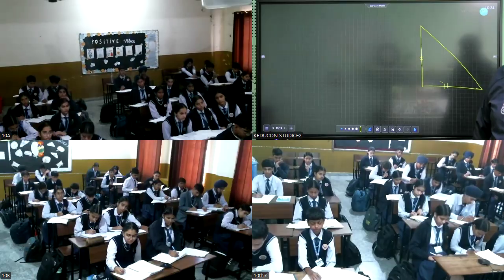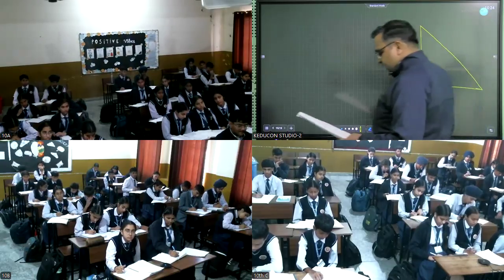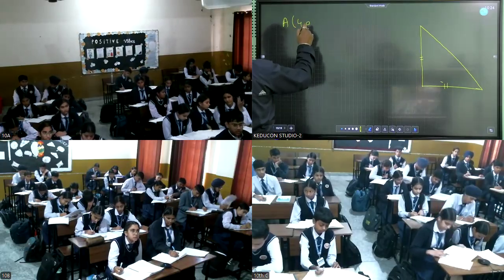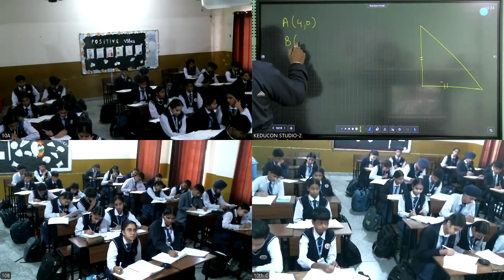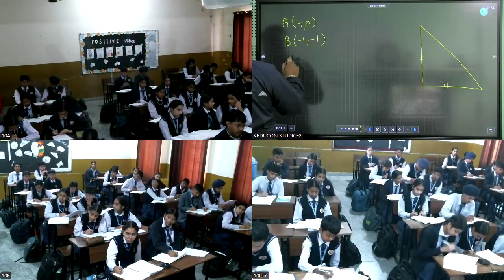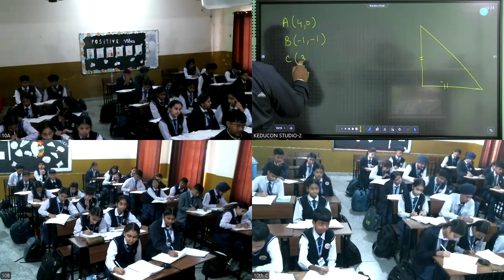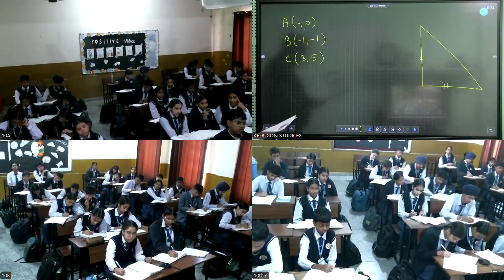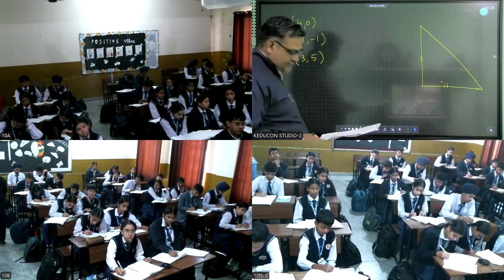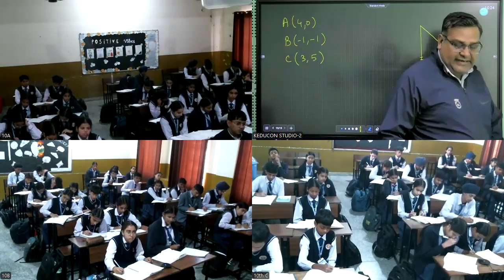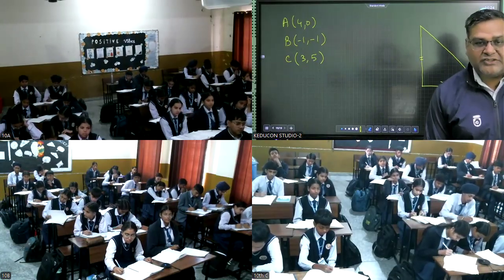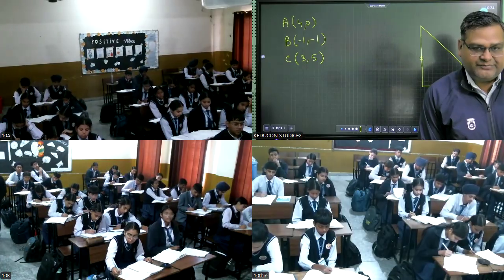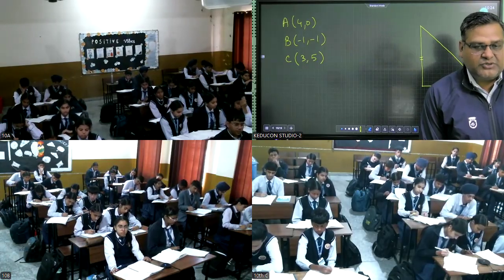So please find the length of all the three sides, and if they satisfy the Pythagoras theorem, then it will be a right angle triangle. Means we have to prove isosceles and right angle both, then two sides should be equal and they should also satisfy the Pythagoras theorem. Please do it children.